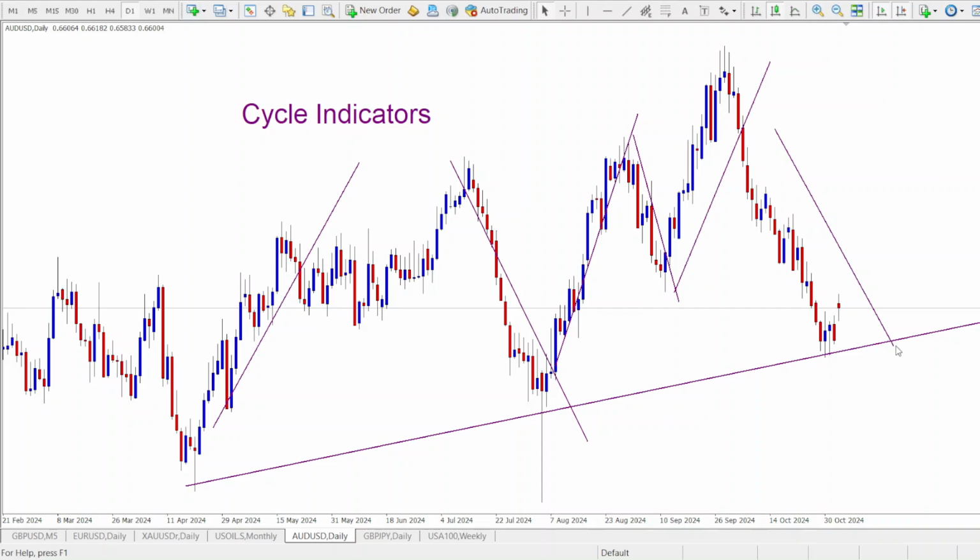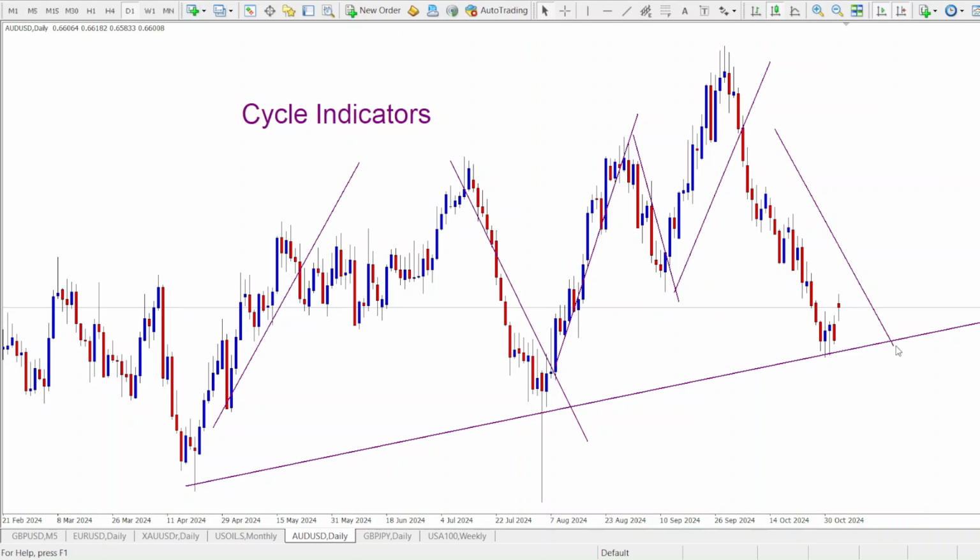A cycle indicator helps us identify the points when that wave might be cresting or troughing, letting us know when a trend could be about to shift. This knowledge can be incredibly helpful for timing our trades, giving us a potential edge when deciding when to buy or sell.